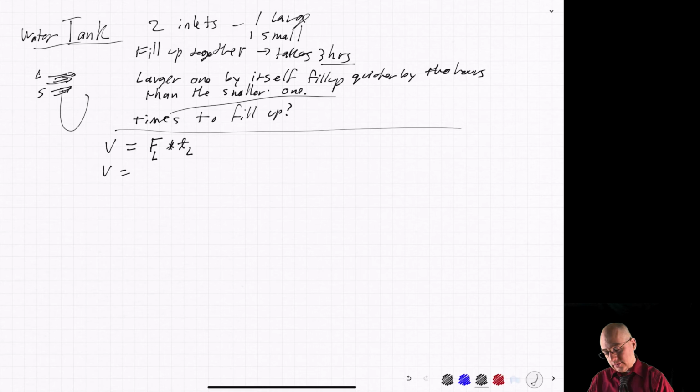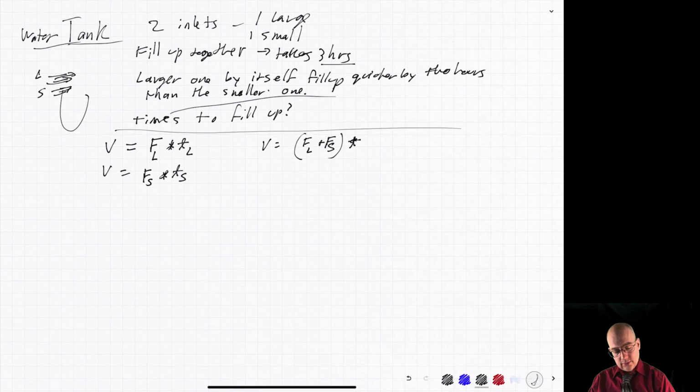And the volume of the small one, there's only one volume, same volume, gets filled up: flow rate times the time, S. And then the volume, if you add the flow rates, times the time of both, which was 3.